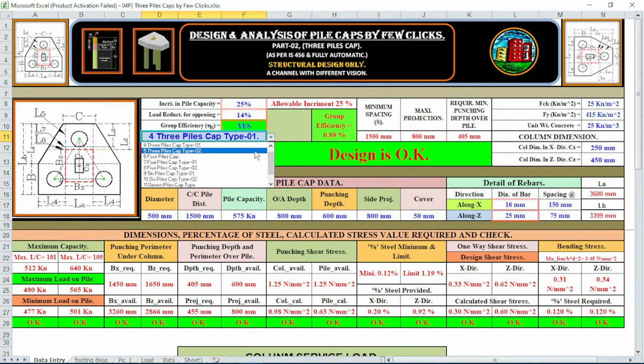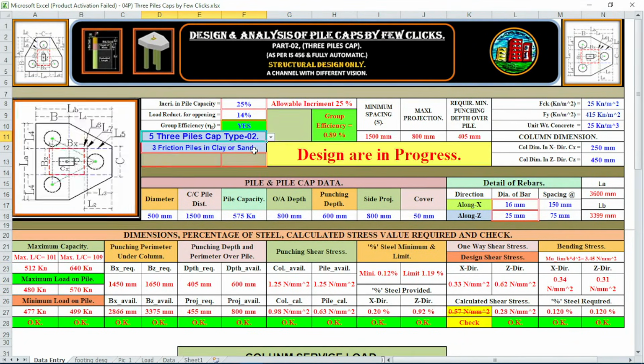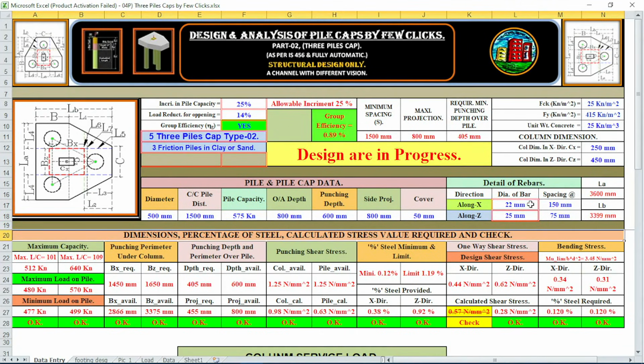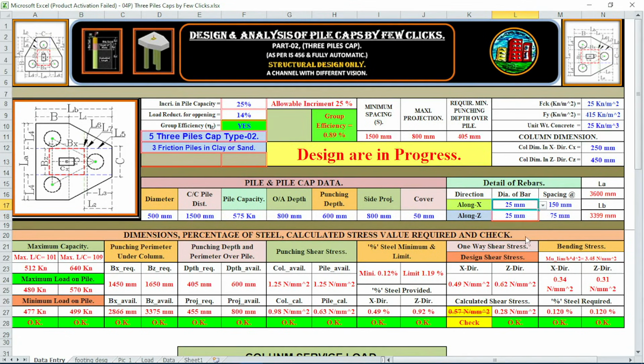Next. Here 1 by CS we have to in X direction. 25 and 75. Okay.